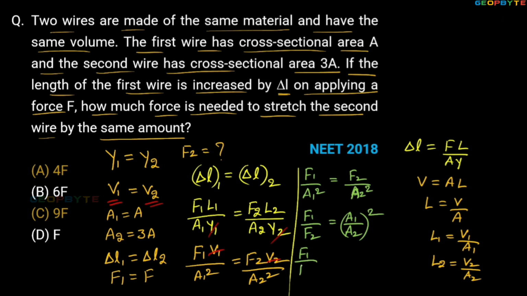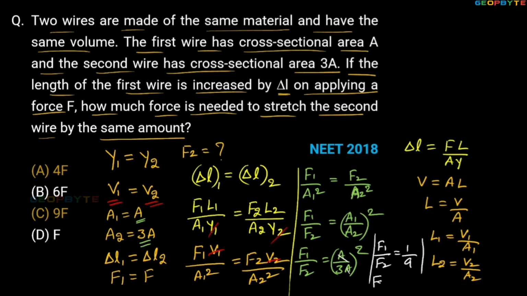F1 by F2 equals A by 3A whole square. This A is cancelled. Finally, it is F1 by F2 equals 1 by 3 square, means 1 by 9.